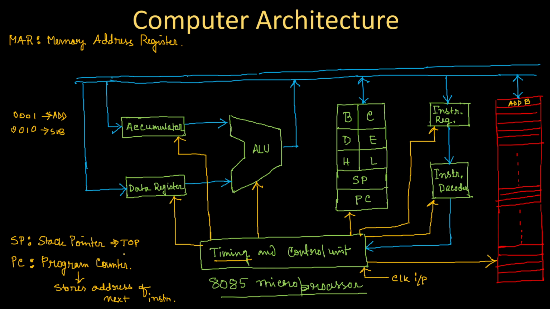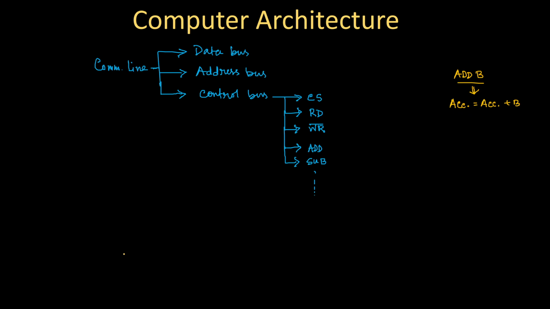I mean, I can have different types of memory also, right? So if you consider the memory part, this memory also basically has 2 types, right? We all know, one is called primary memory, and one is called secondary memory.